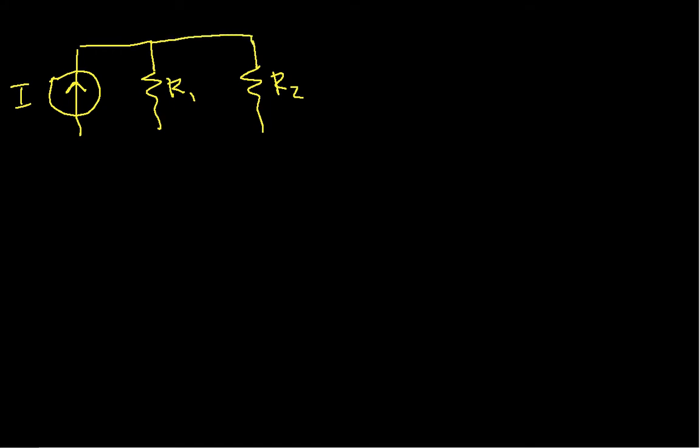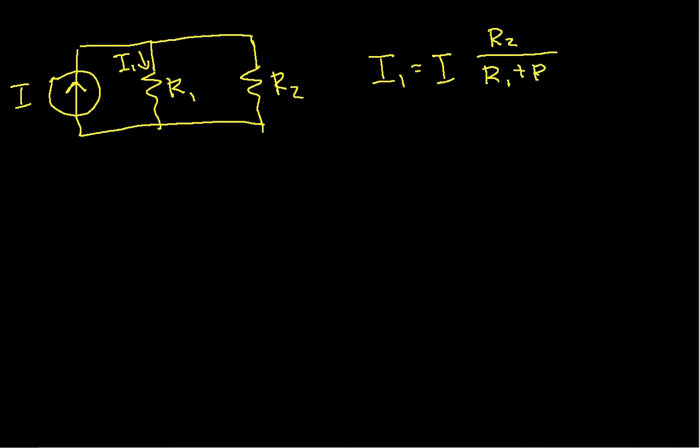And if I want to know the current through R1, I1 is my current times R2 over R1 plus R2. That's the current divider.